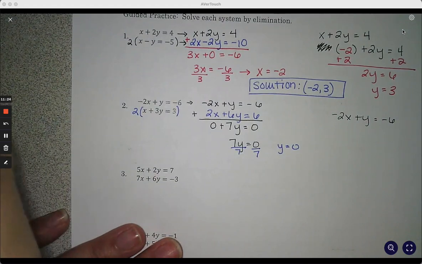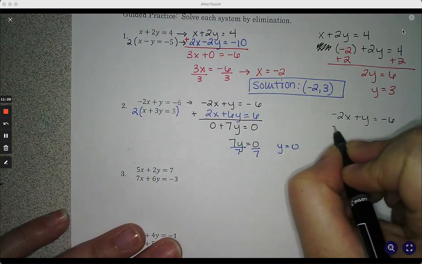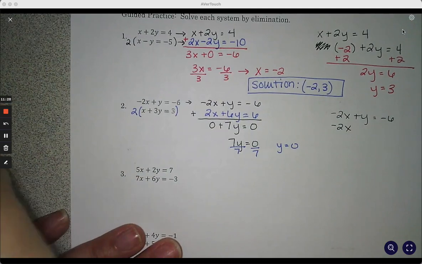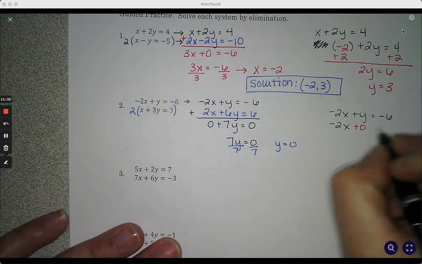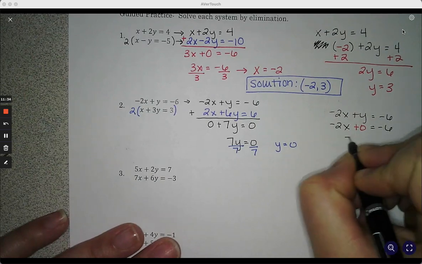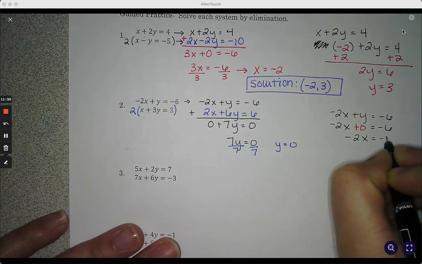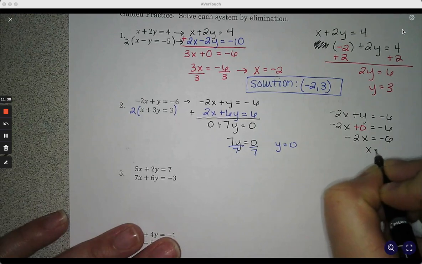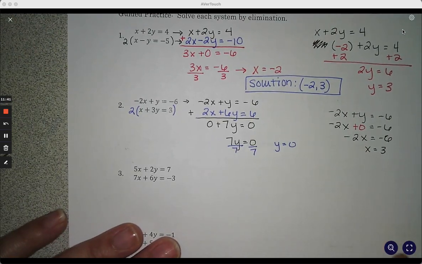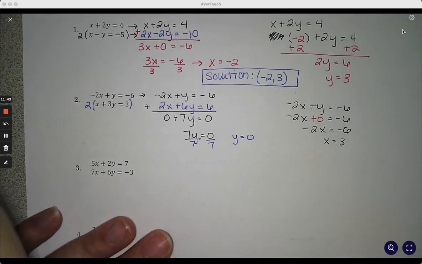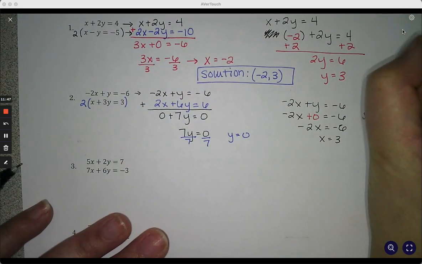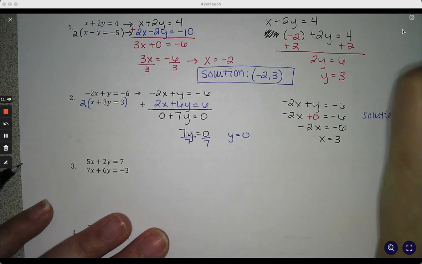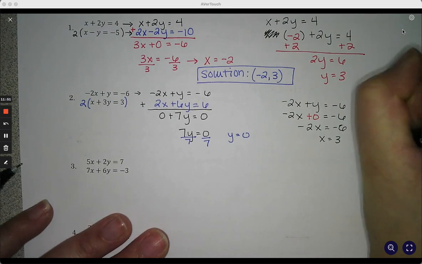So if I plug that in, we get negative 2x plus 0 equals negative 6. So negative 2x equals negative 6. x equals 3. So my solution is 3, 0.